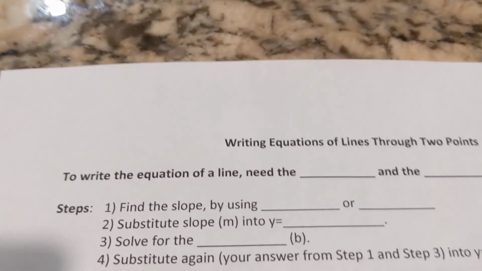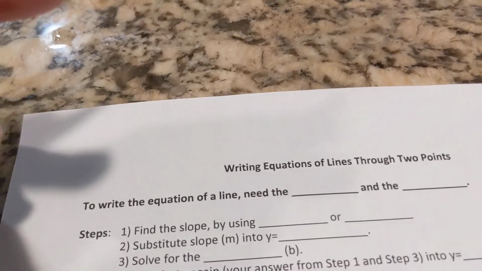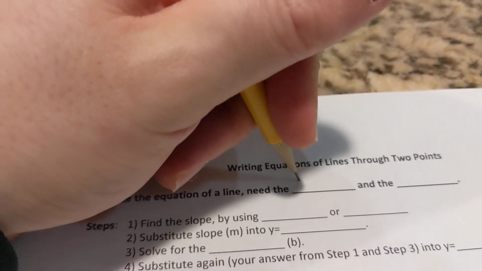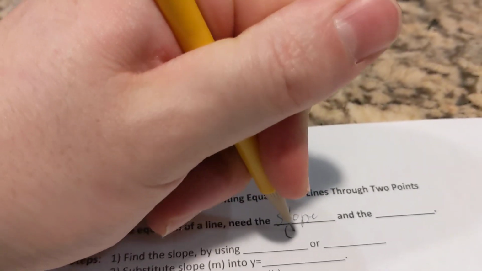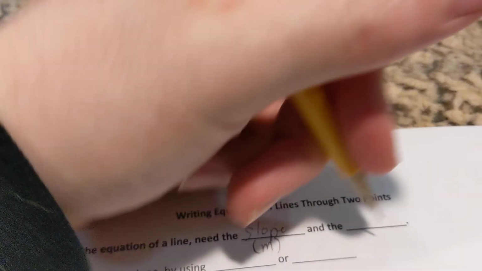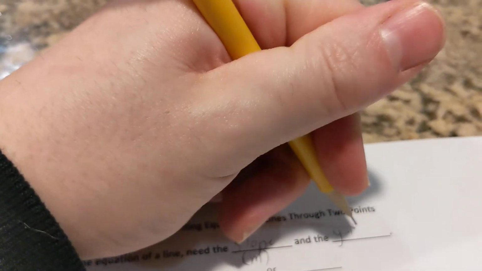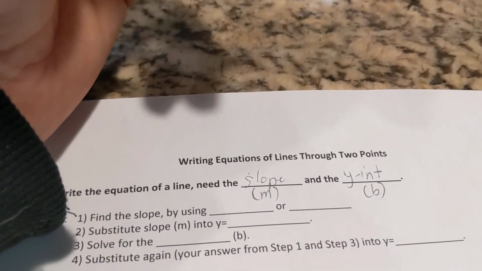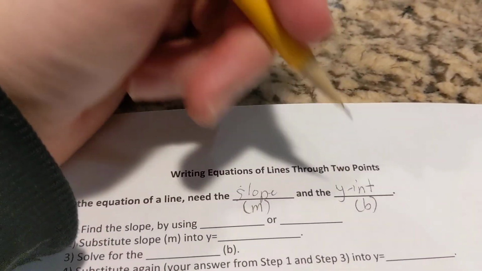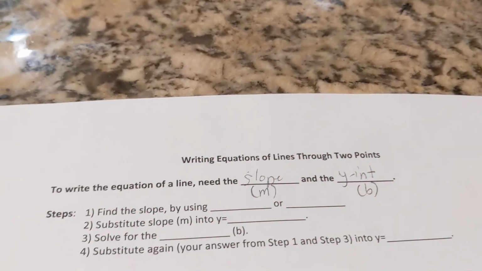So you should remember the two important features of the line are the slope, which is m, and the y-intercept, which is b, okay? That's the m and b from y equals mx plus b.